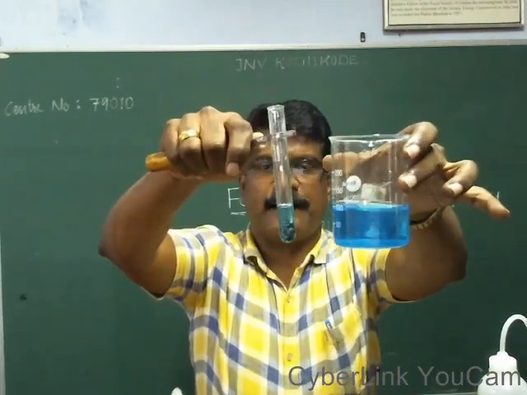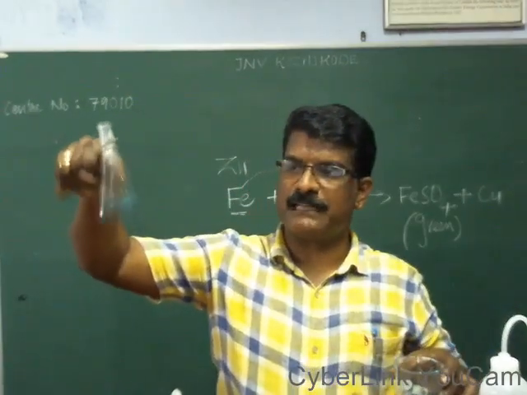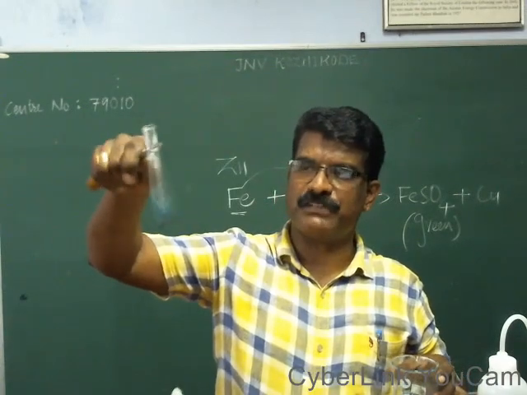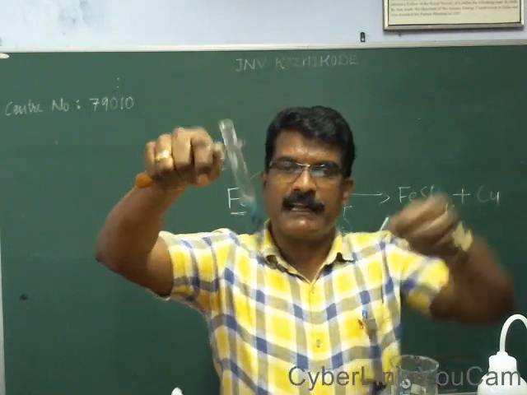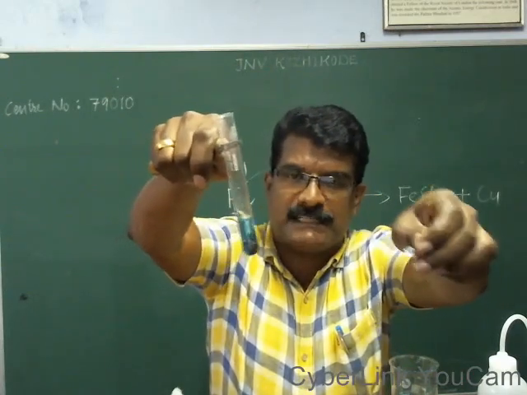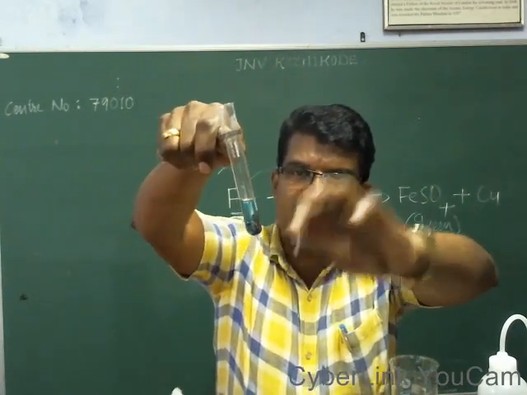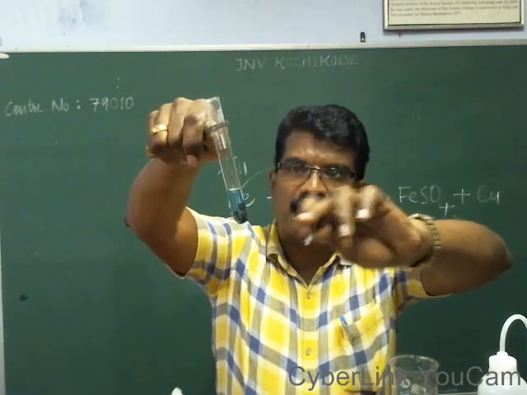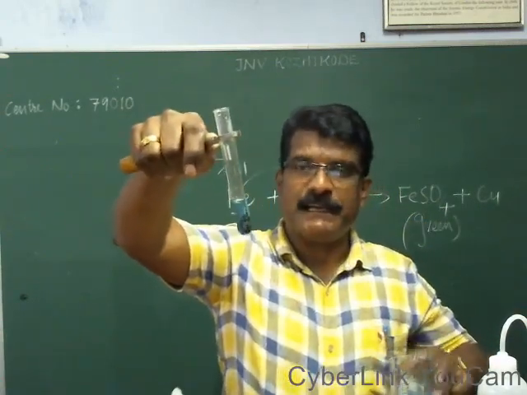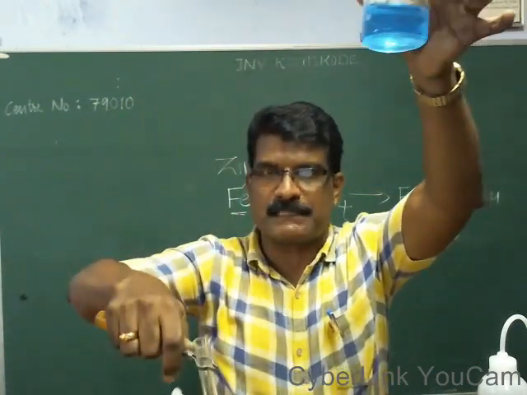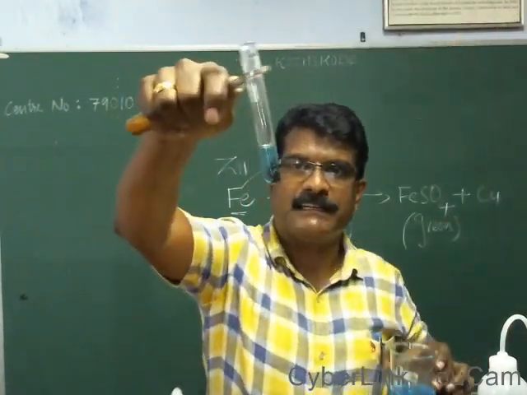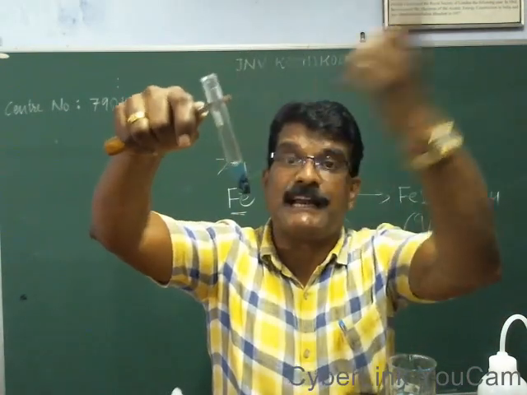Okay, let us wait for some more time. I am shaking. You see the zinc color also changes. Now you see, this copper sulfate was blue, but now it has become colorless.